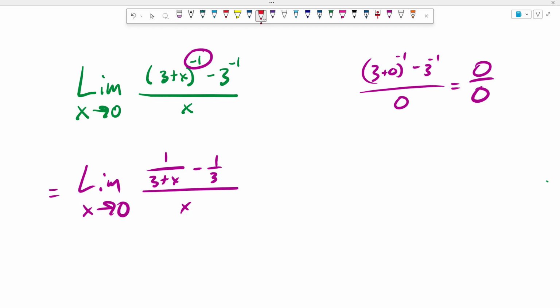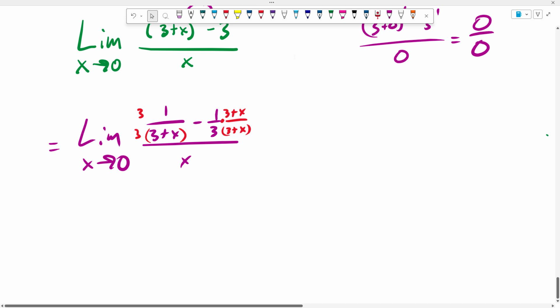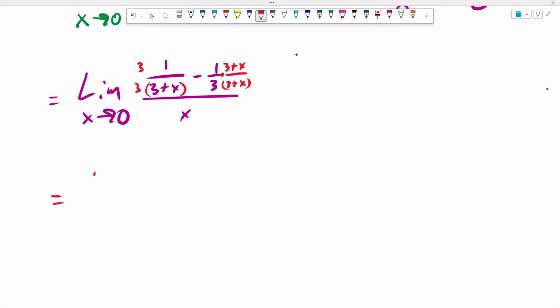Multiply this by 3 plus x over 3 plus x. Multiply this by 3 over 3.